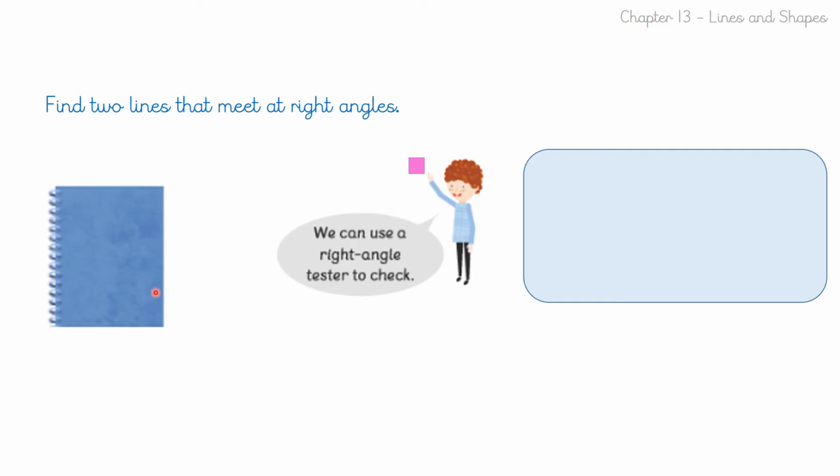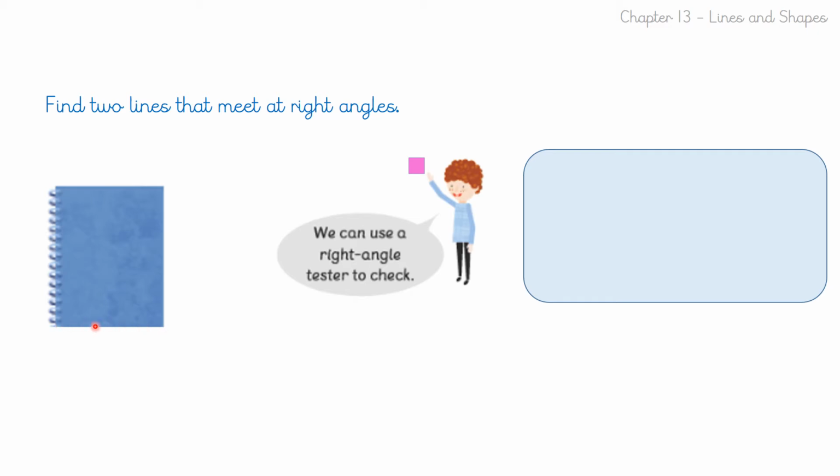Now, can you find 2 lines that meet at right angles? Can you find 2 lines that meet together at a point in order to make a right angle? Well done. So there is one line here, 1 and 2.